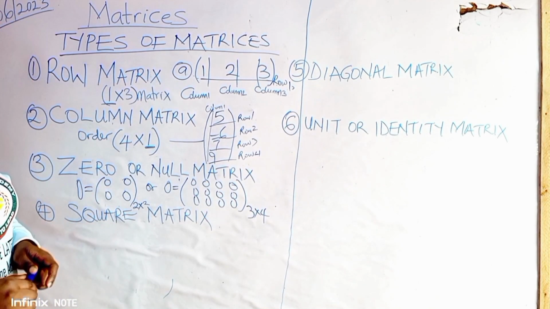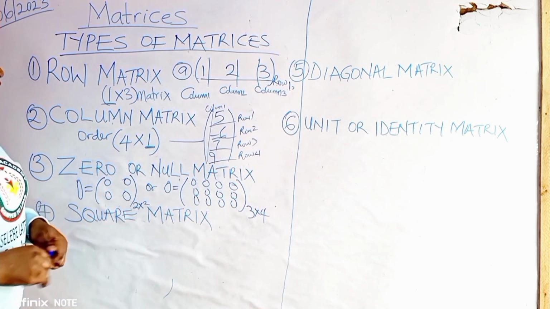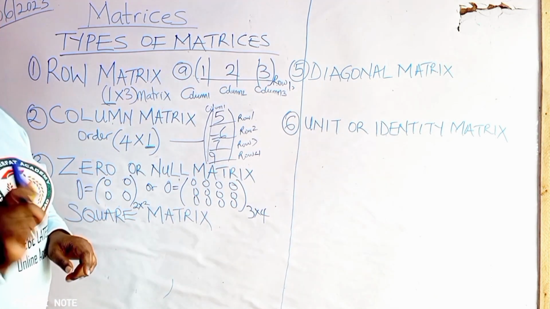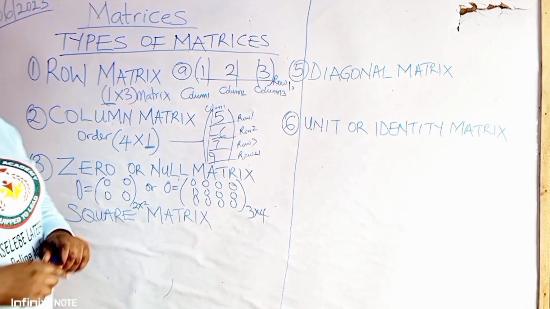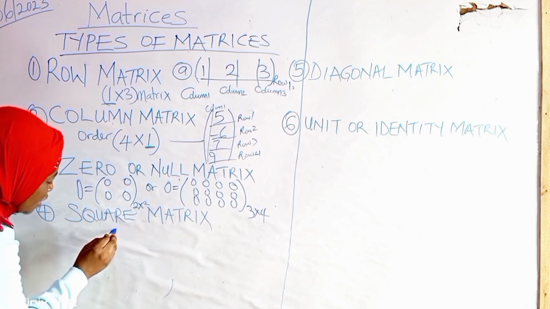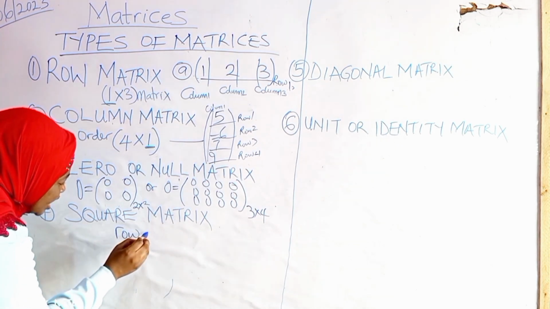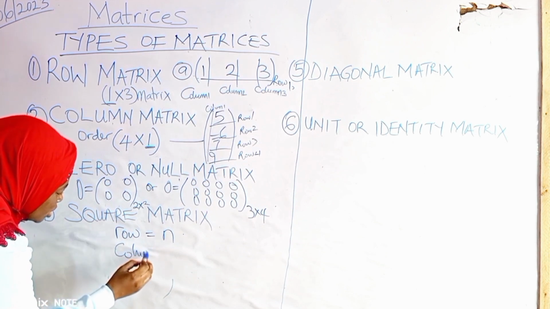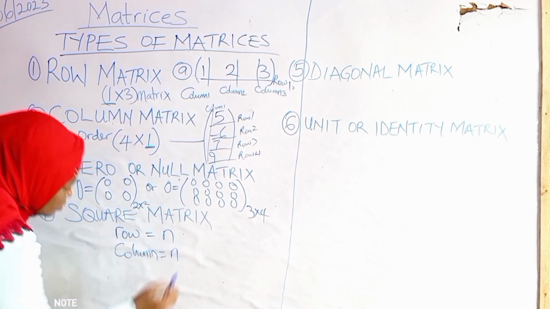A square matrix. A matrix is said to be a square matrix if the number of its rows is the same as the number of its columns. Now, what I'm trying to say is that if we use n as our number of rows, then the number of columns is also n.